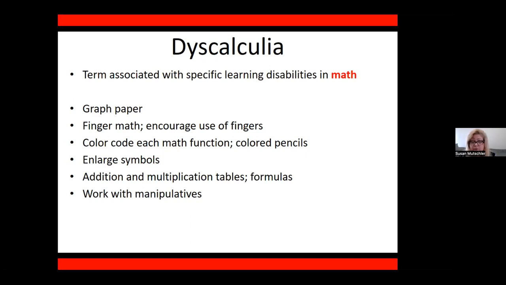There are quite a few math manipulatives out there. There's like fraction bars. If you Google fraction bars on Amazon, there's like counting tiles. Of course, there's multiplication cards and things like that that could be helpful.